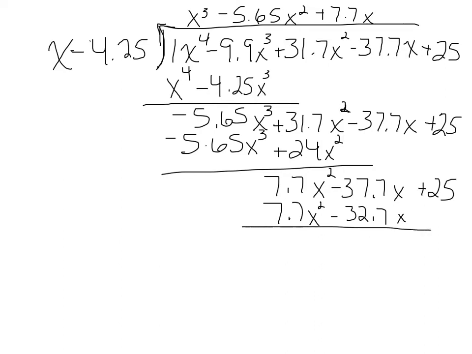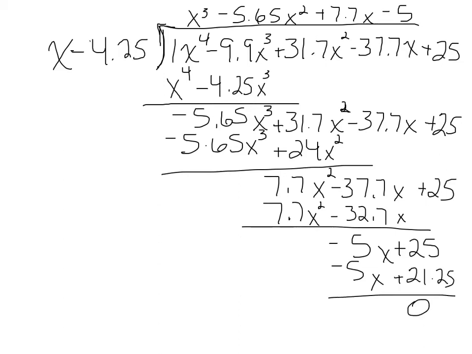Negative 37.7 minus a negative 32.7 is a negative 5x plus 25. I want to get negative 5x, that will be negative 5 up there. Negative 5 times x is a negative 5x. Negative 5 times a negative 4 1/4 is not quite good enough, but a positive 21 1/4. Technically, it should work out to a remainder of 0.